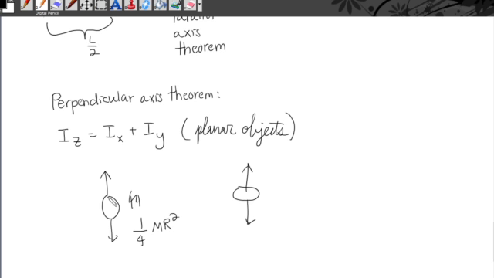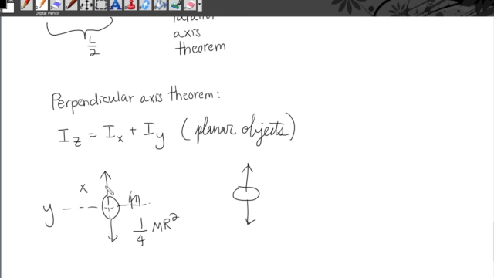So we would call this, let's say, a certain axis. So let's just call it the x-axis. And it honestly doesn't matter what you call it. What matters is you have to add up two of them to get the third. So in this case, this is called the x-axis, and let's call this one the y-axis.